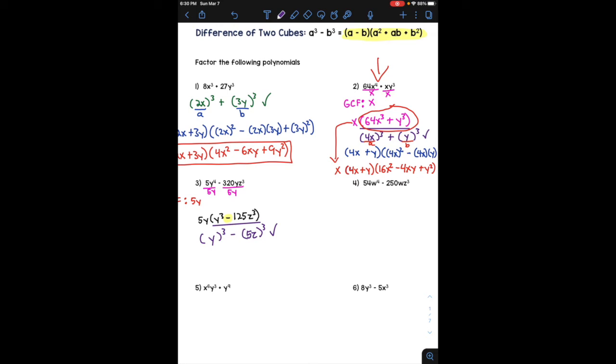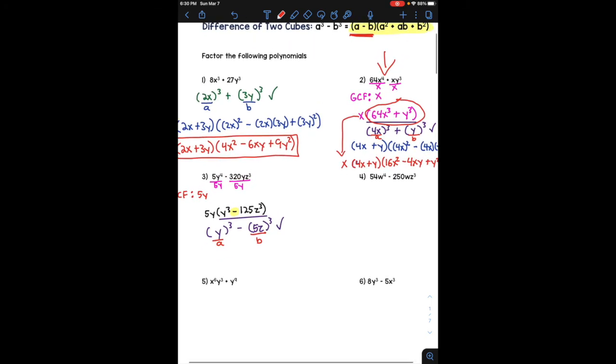Since I can write this expression as a difference of two terms being cubed, we can follow along with the difference of cubes model in order to write its factors. The first factor is a minus b. In this case, a is y and b is 5z. So we will have y minus 5z times a squared, which is y squared, plus a times b, plus b squared.